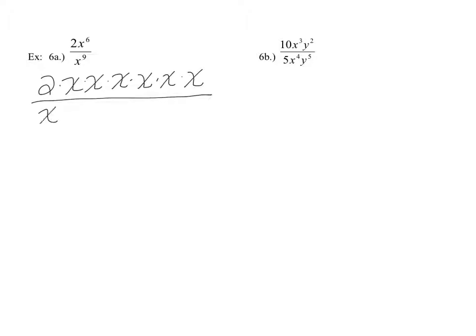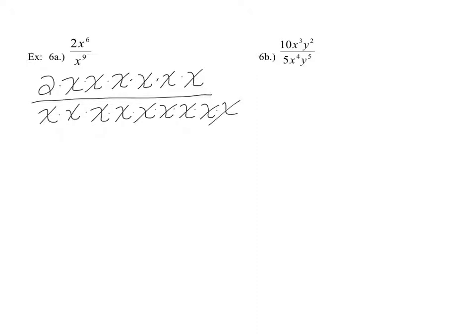So on the top, I have 2 times 6 x's. So x times x times x times x times x times x. And then on the bottom, I have 9 x's. So there's 1, 2, 3, 4, 5, 6, 7, 8, 9, right?